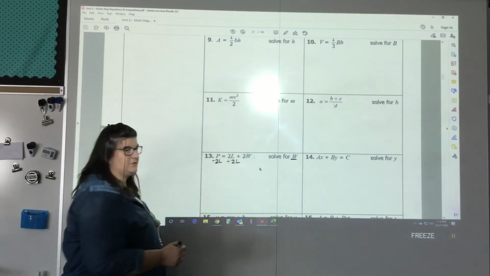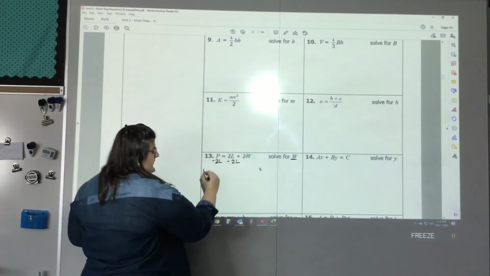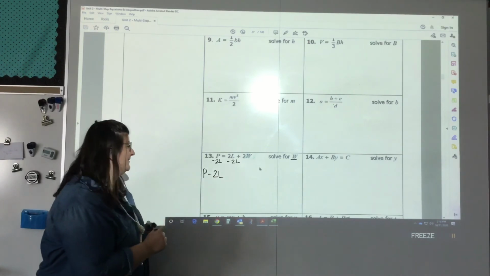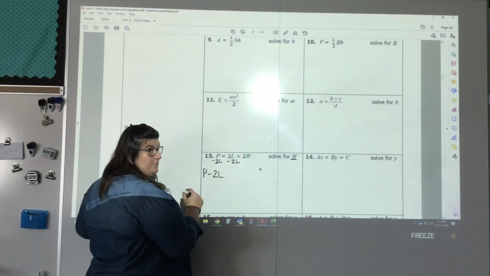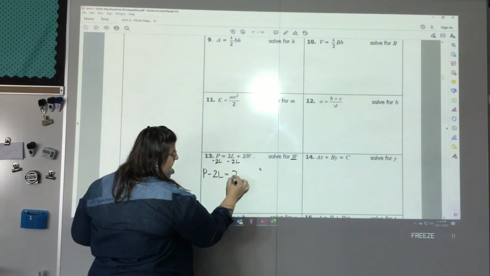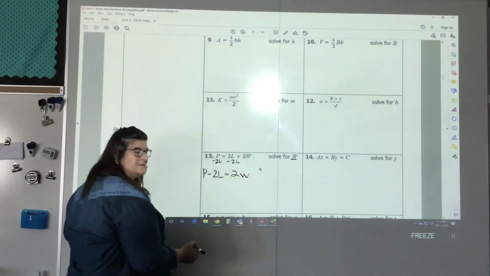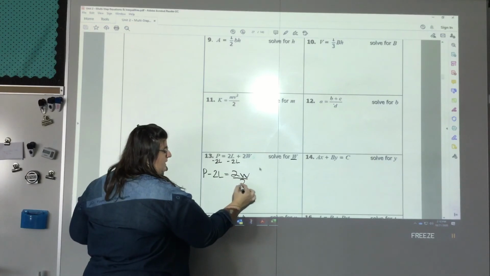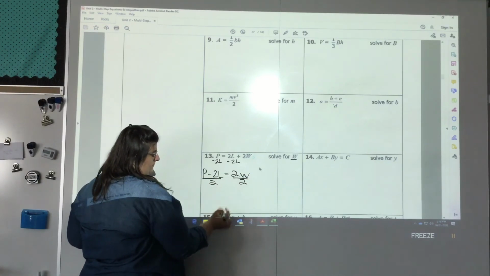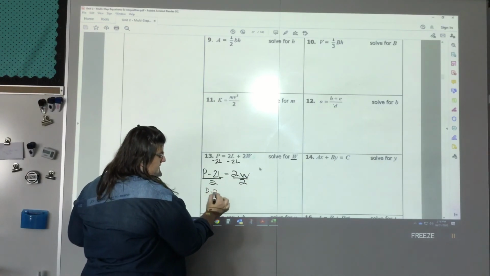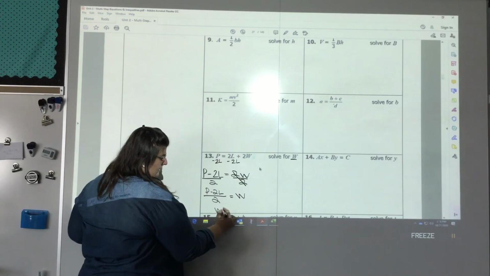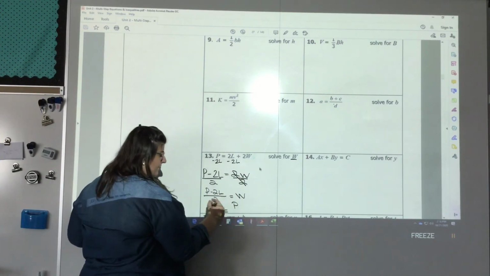These guys are like terms, so I write them next to each other: P minus 2l. This is the perimeter formula, perimeter of a rectangle. One more step. This is multiplication. To undo that, I divide. So I've got P minus 2l divided by 2 equals w. Again, getting in that good habit of writing it on the left.